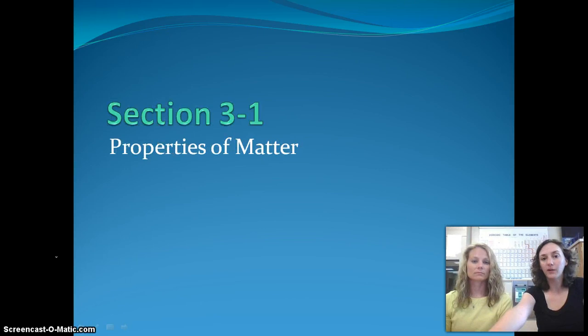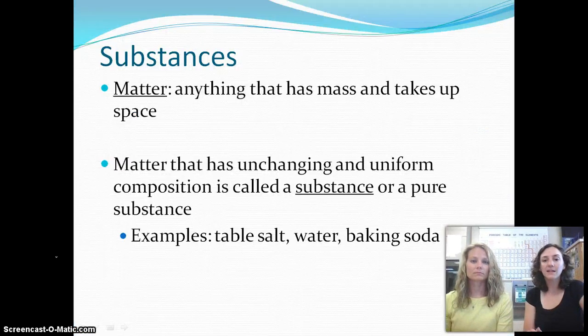It's properties of matter. Matter, as you know, is anything that takes up space and has mass. And matter that has unchanging and uniform composition is called a substance or a pure substance. So elements can be pure substances and compounds can be pure substances as long as the composition doesn't change. So table salt, what's the composition of that? NaCl, 1 Na to 1 Cl.